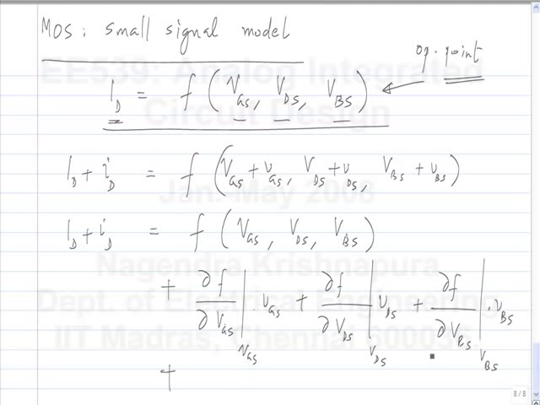plus it will have lots of other terms, which include higher order terms in each of these variables as well as cross terms. That is, you can have terms that have products of increment in VGS and increment in VBS and so on. So, we neglect everything else and retain only the first order terms.